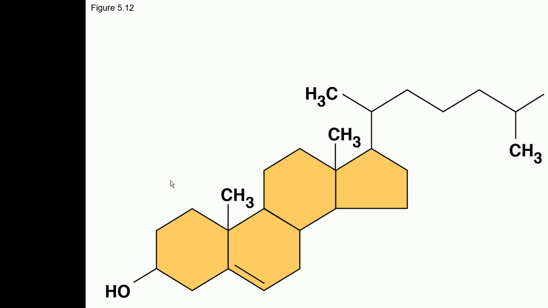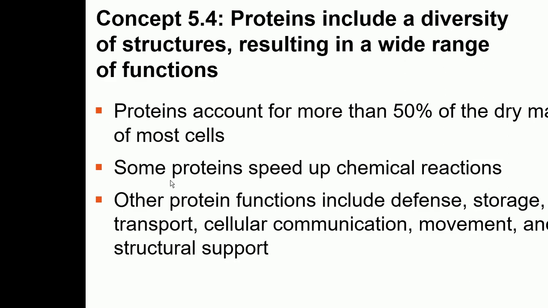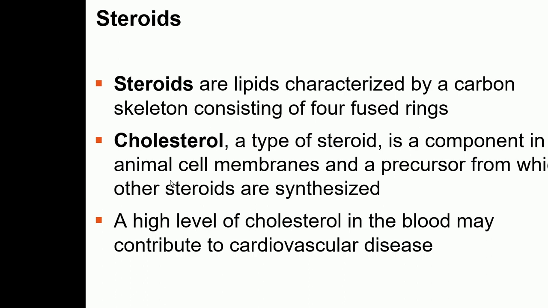So we talked about estradiol and testosterone. They are both steroids, but there is a difference in the presence of some functional groups which make these 2 hormones different from each other, and these 2 hormones make a male a male and a female a female. Cholesterol is another example of steroids.